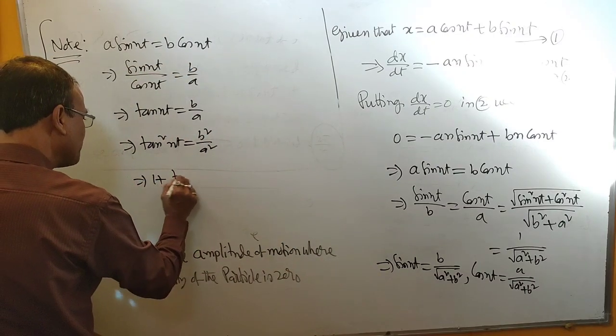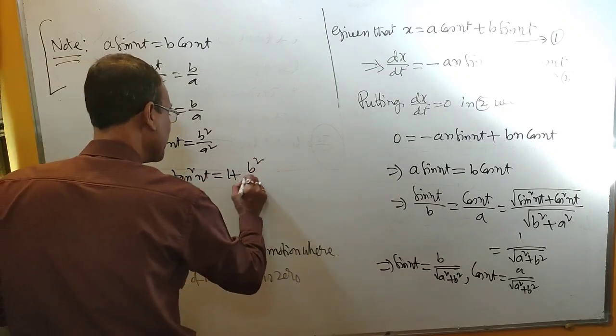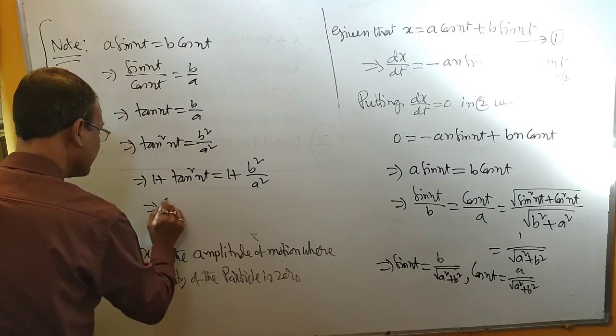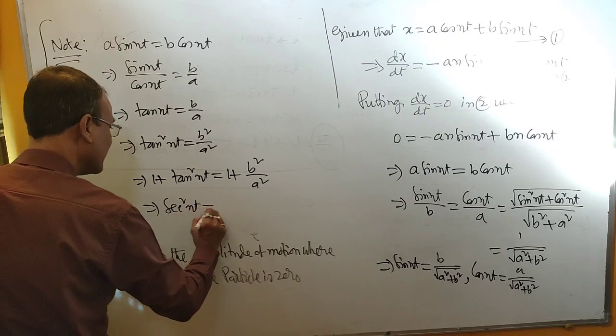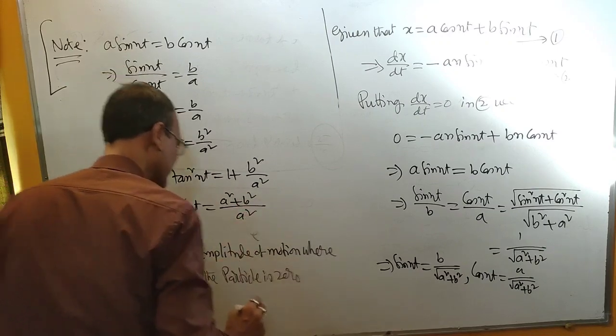This means that 1 plus tan square n t equals 1 plus B square divided by A square. This means sec square n t equals A square plus B square divided by A square.